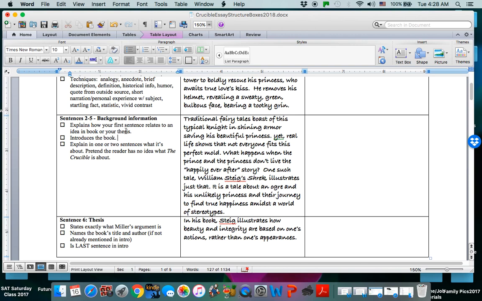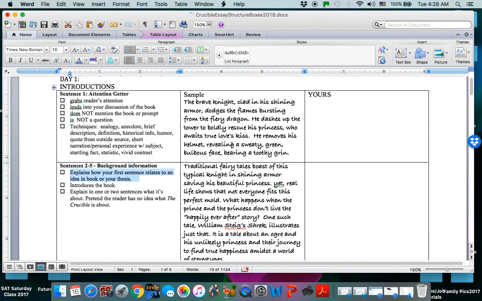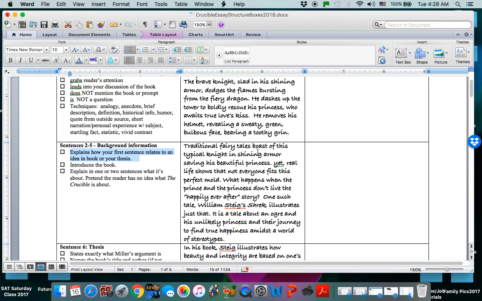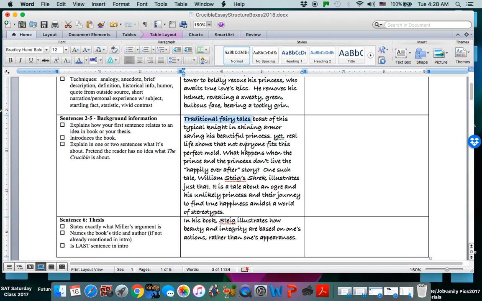The first sentence relates to an idea in your book or your thesis, okay? So here's my description. I'm talking about my princess and everything like that. And here's where I'm actually talking a little bit about my subject. And then I say, but what happens when you don't have the typical story?